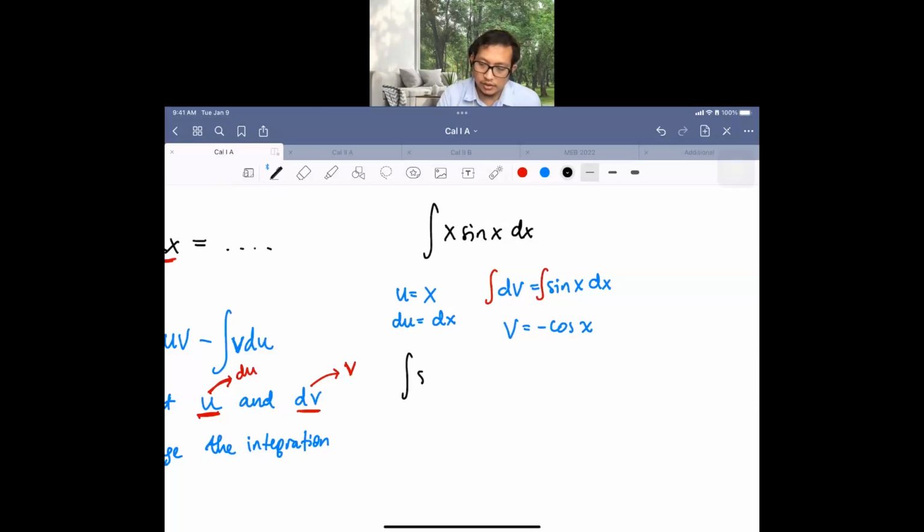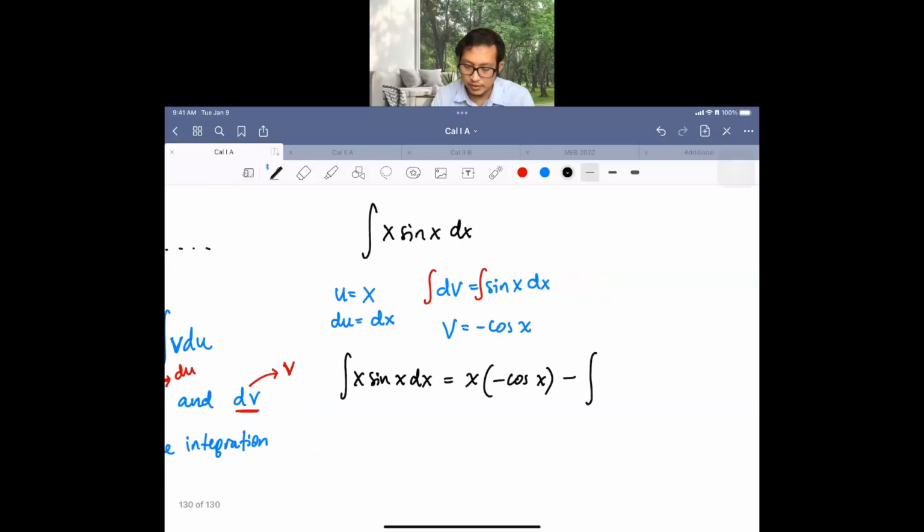So we could arrange this in our structure for integration by parts. We can write down that the integral of x sine x dx is equal to x, and then v, minus cosine x, and then minus the integral of v du. So this will be minus cos x, and then du is dx.